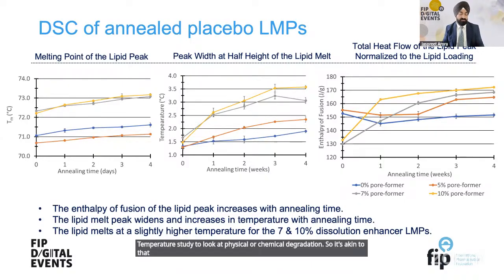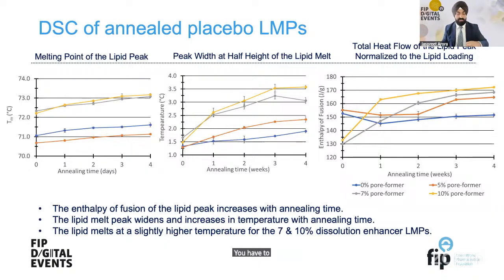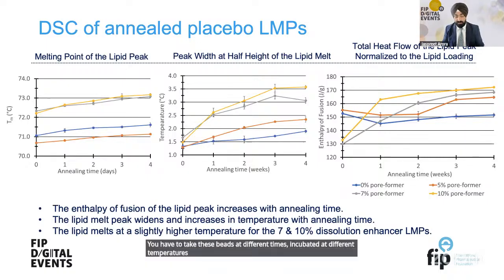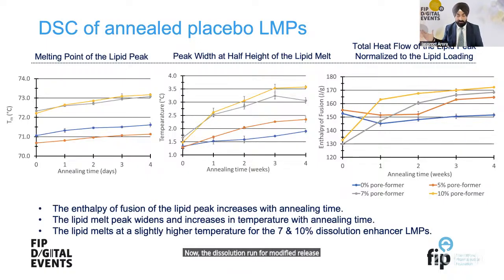But then, because dissolution is the final endpoint, you have to take these beads at different times, incubated at different temperatures and humidities, and do the dissolution. Now, the dissolution run for modified release can be up to a day sometimes. So that's a lot of work. So one of the things that we were thinking about is what is the other way that can indicate that annealing is complete?